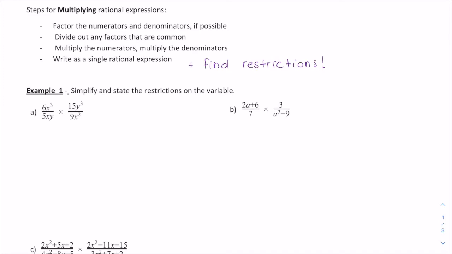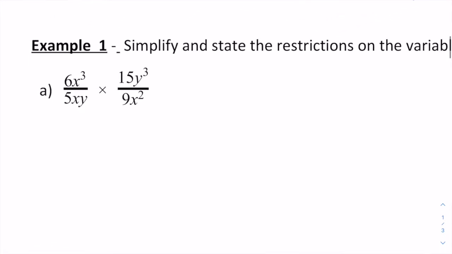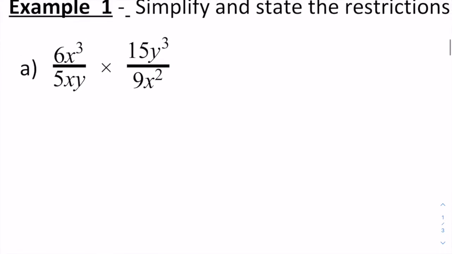Okay, let's start with one that you guys have actually done before in grade 10 because it's just simplifying our exponent laws. So for this one, let's start by multiplying straight across. We can simplify first, or you can multiply straight across first. It's up to you. Let's try multiplying straight across first.